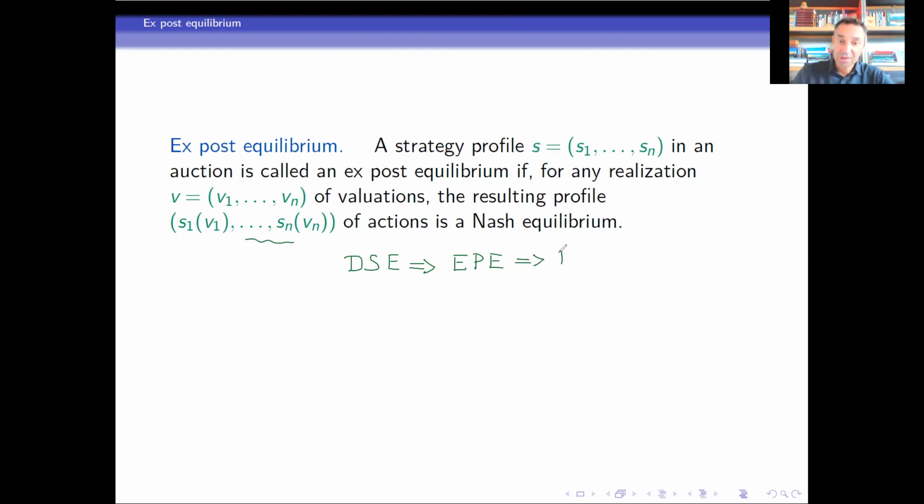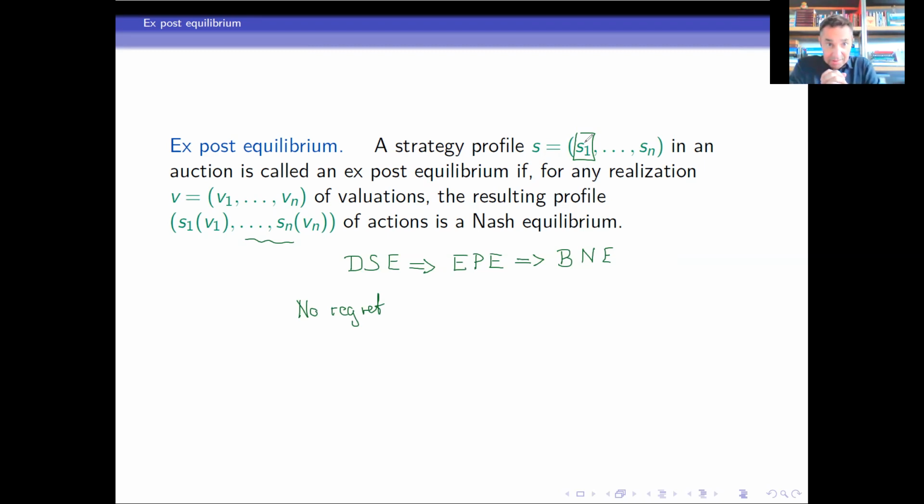And it's also true that an exposed equilibrium is a Bayesian Nash equilibrium. Why is that? Well, you can also think of an exposed equilibrium as what is called a no regret equilibrium, meaning that you have to think of your strategy in advance. So ex ante, so to speak. Before you even know your own valuation, you decide what to do, in the sense that you say, if this is my valuation, then I would bid such and such.